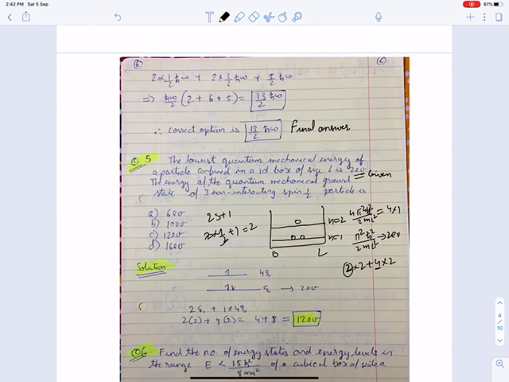I can explain it another way. Basically 2 eV is the ground state energy, which is given.